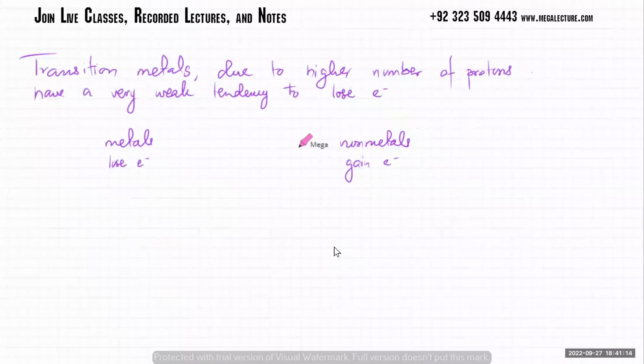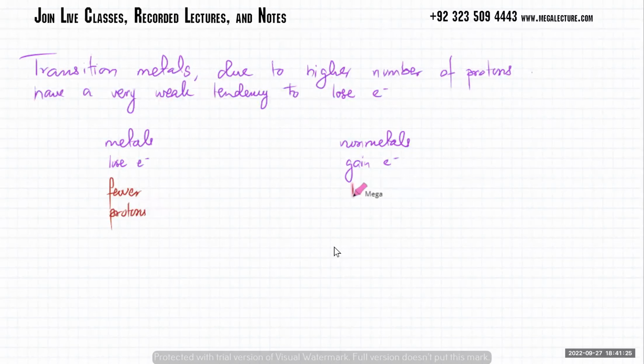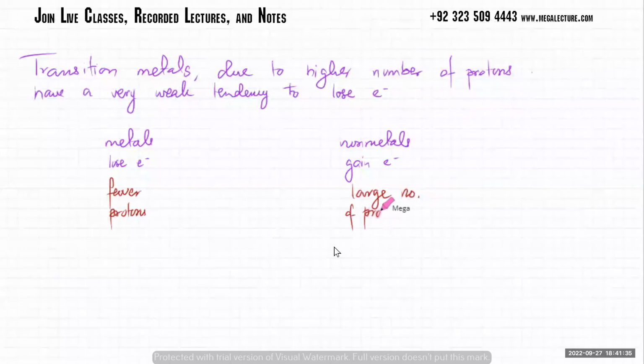The ones on the left side have fewer protons in the nucleus, and over here on the right side you've got a large number of protons. One example is calcium over here. It's got 20 protons.